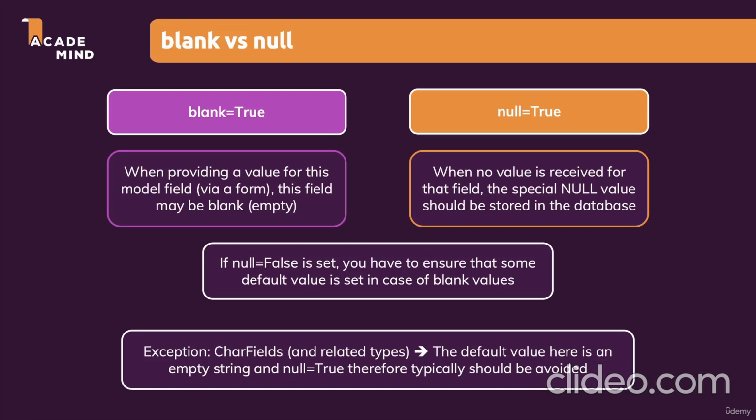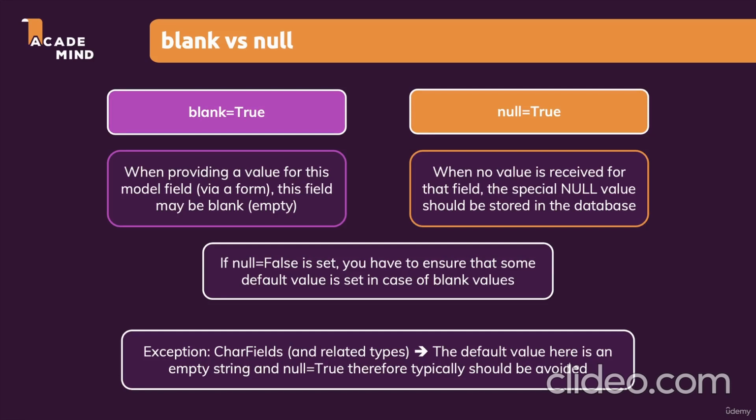For these situations, there is a special null value in the SQL world. This is a special value which can be stored in a database, in a record, in a field of a record, and this can be used for this case. This can be used if a field potentially has no value, but by default, Django does not allow null values.